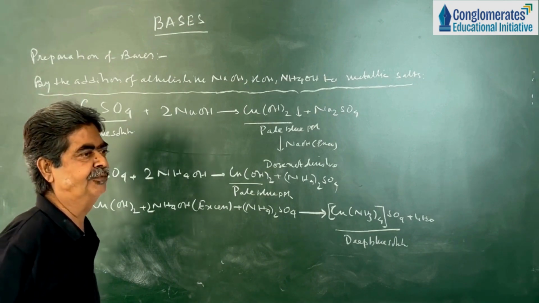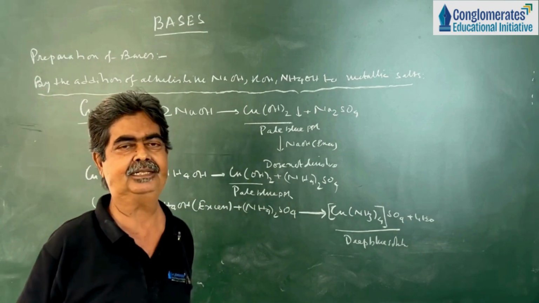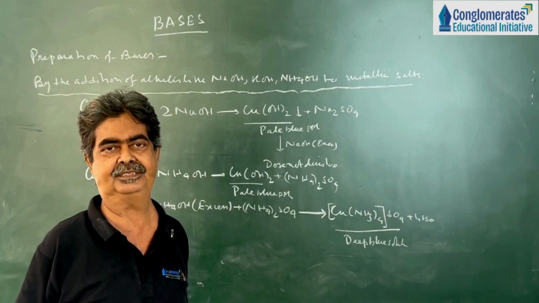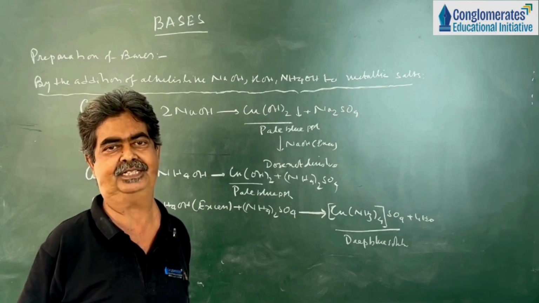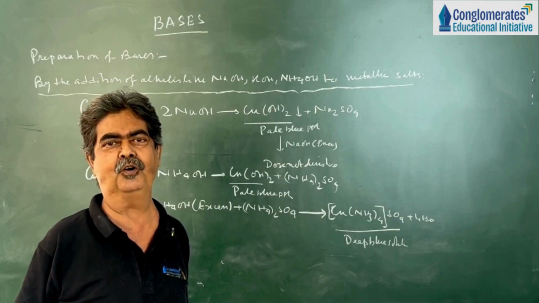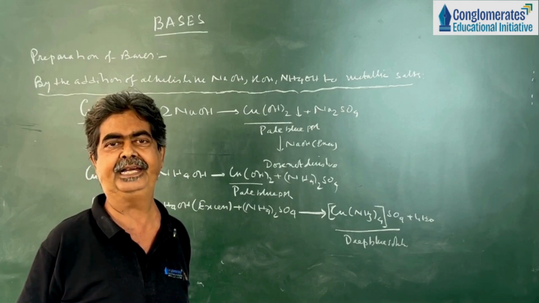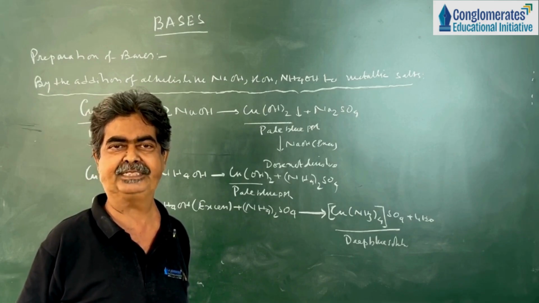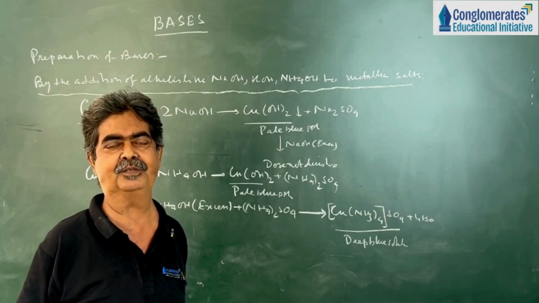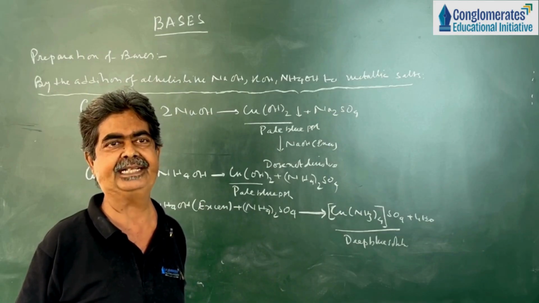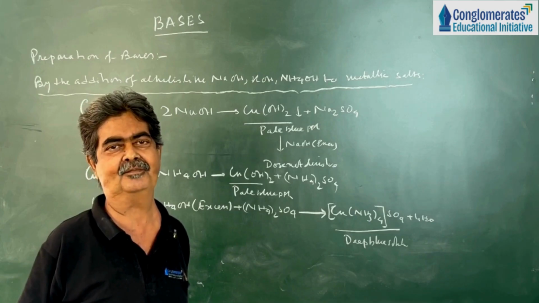Now next is zinc sulfate. In case of zinc sulfate, if we add NaOH or KOH, first of all we'll get gelatinous white precipitate of zinc hydroxide. But if you go on adding NaOH or KOH to the gelatinous precipitate, this precipitate dissolves to form colorless solution due to the formation of soluble salt like sodium zincate or potassium zincate.